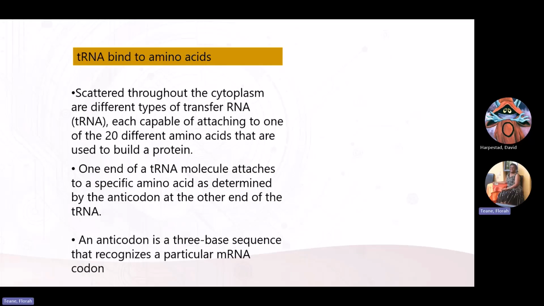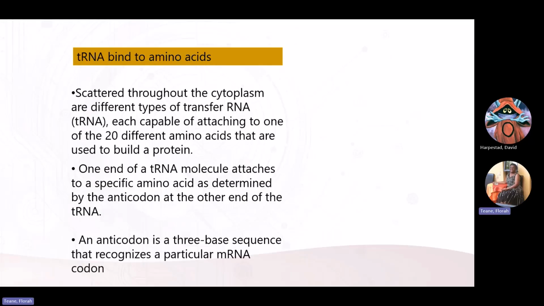The same triplet of bases appear in the transfer RNA, and it is called the anticodon. I'm repeating, the triplet of bases that I talked about earlier on are found in the messenger RNA, and we call that the codon.